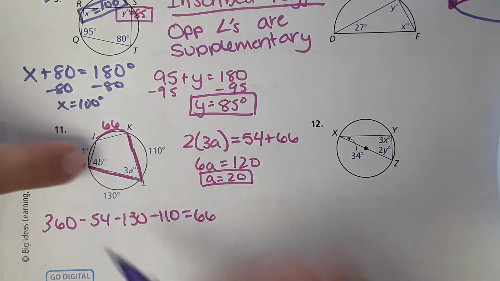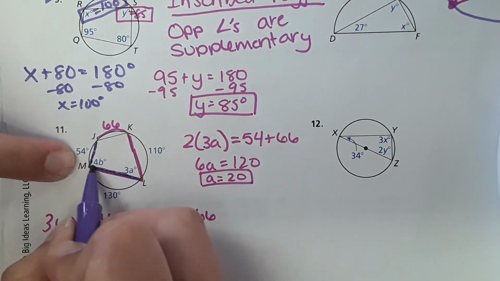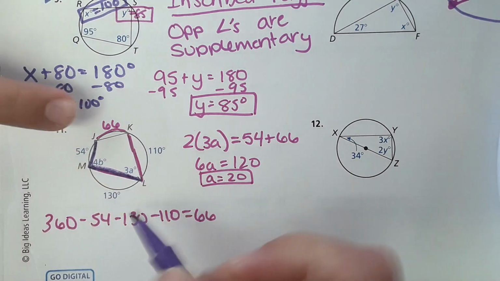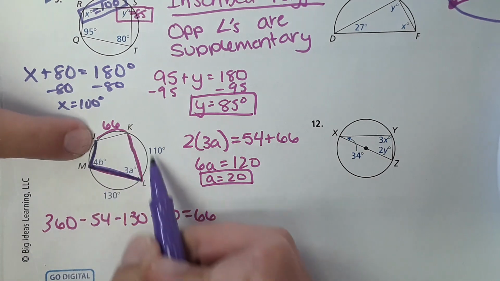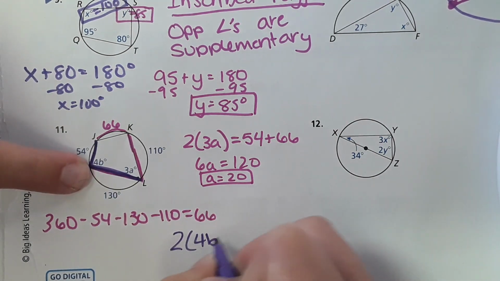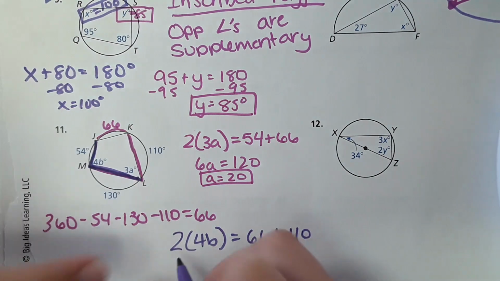And then same thing for B. Let's see. We have an intercepted angle right there, inscribed angle right there. And then 2 times 4B would equal this whole thing right here. So 2 times 4B equals 66 plus 110.